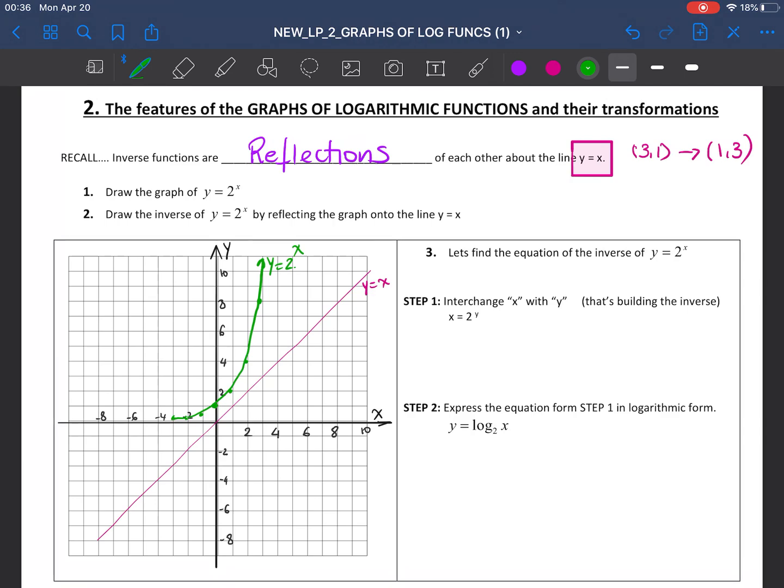So this point here, which was the y-intercept for y equals 2 to the power of x, had the coordinates x equals 0, y equals 1. When you inverse y equals 2 to the power of x, this point will become (1, 0). So right here.